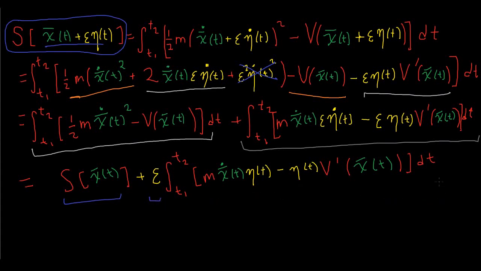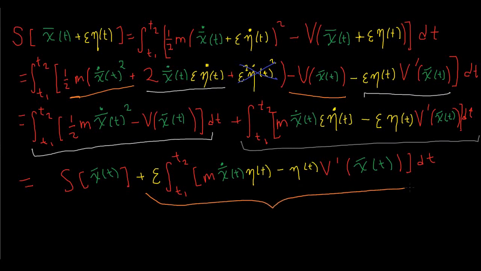So we successfully expanded it out to the first order in epsilon. So this whole thing is what I was earlier calling delta of S. And I'm only calling it delta of S because that's what a lot of physicists call it, and you might read something else.